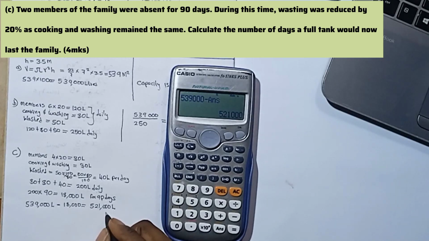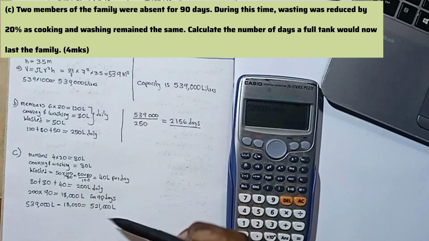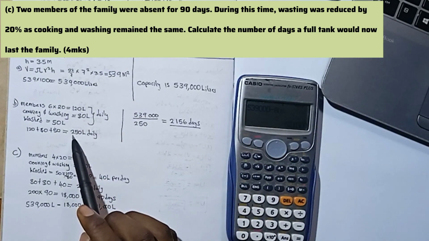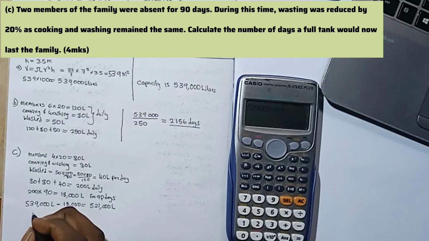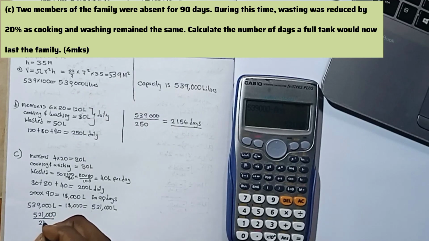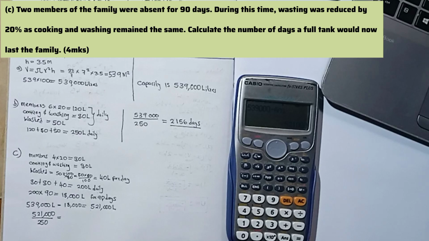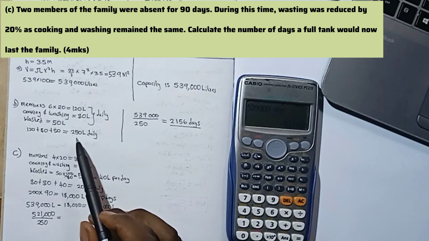So we divide this by the normal days, in which they were consuming 250 liters per day. So 521,000 all over 250, because the number of members in the family is now 6. So they went back to the initial system of using 250 liters per day.